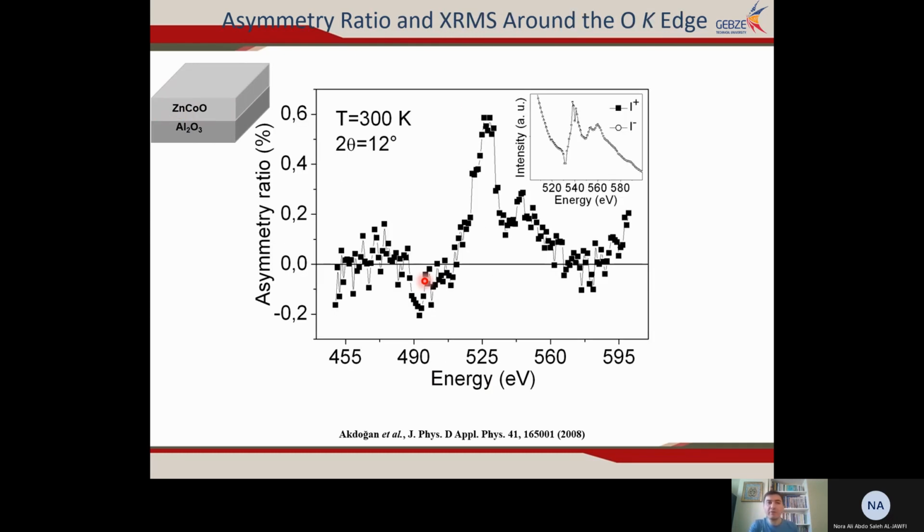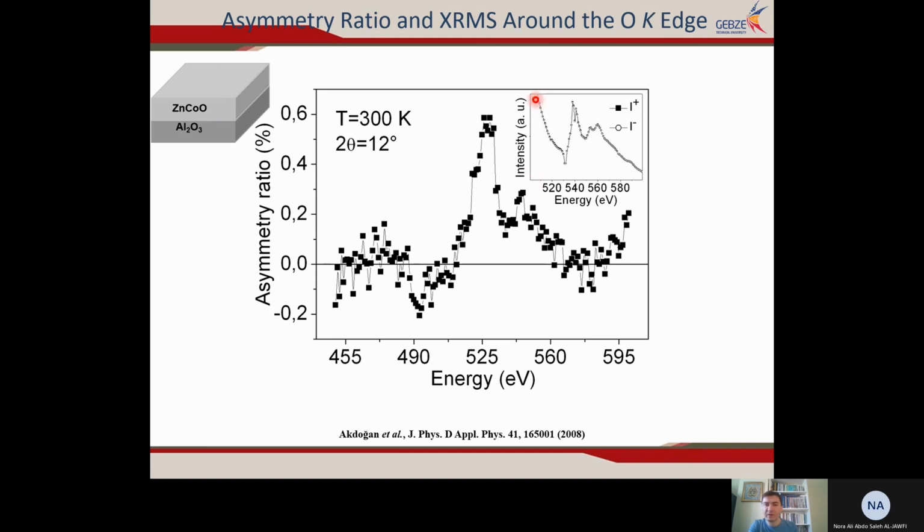And then I would like to investigate oxygen. Oxygen is normally not magnetic. It is paramagnetic, okay? It shouldn't give any magnetic signal. And then we investigate the oxygen. This is the energy scan for the oxygen. Here you see I plus, I minus, different magnetic field directions.